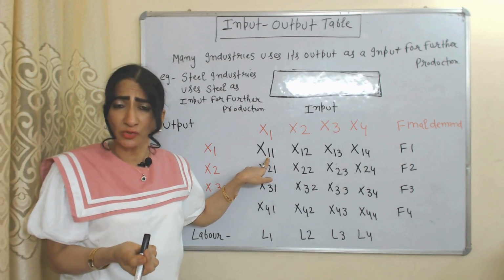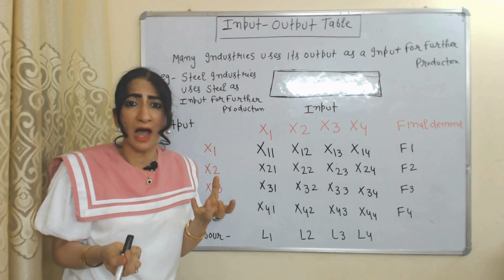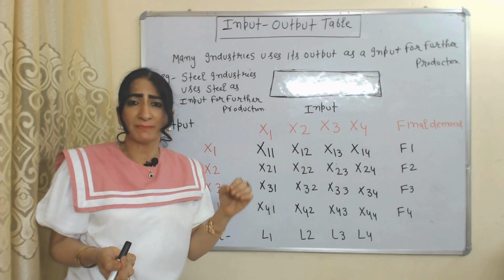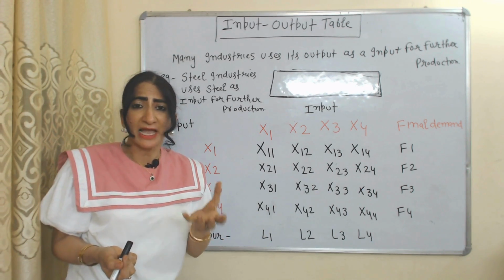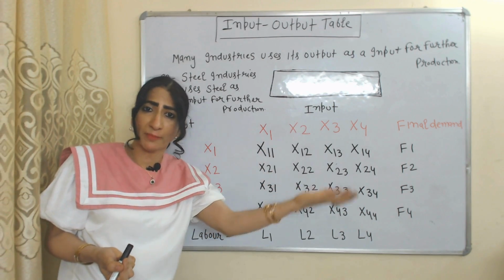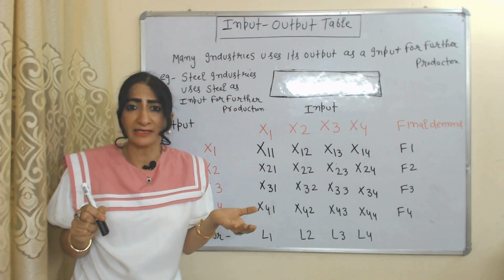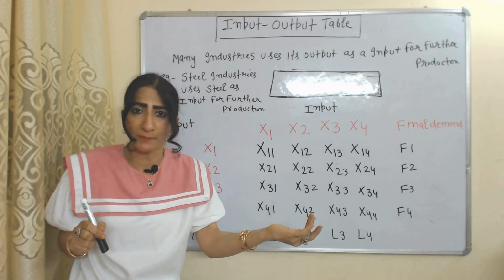Yes, this is true. Sometimes an industry uses its own output as an input for further production. For example, sometimes the steel industry uses steel as an input for further production. Similarly, the paper industry uses recycled paper as a raw material for the production of new paper.